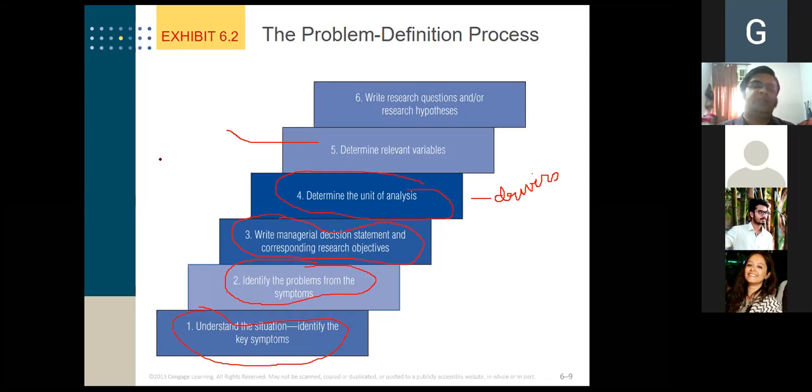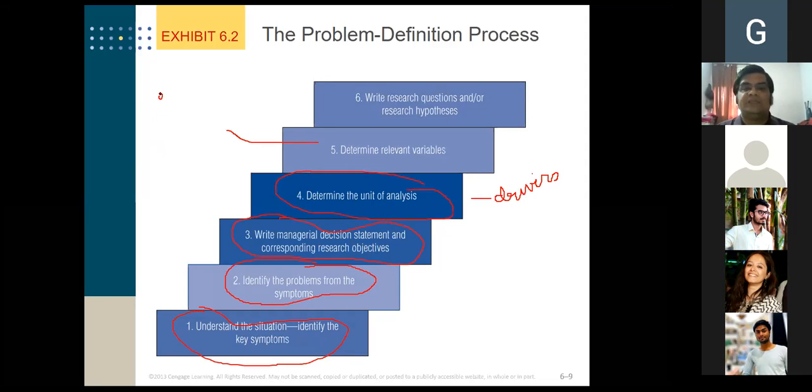What are our variables in my example? Please tell me. Suppose I want to study driver satisfaction. Many research objectives can be derived from this.